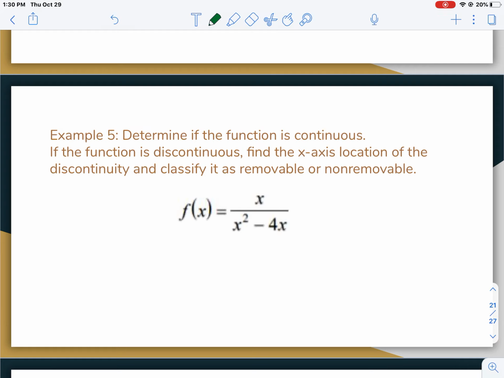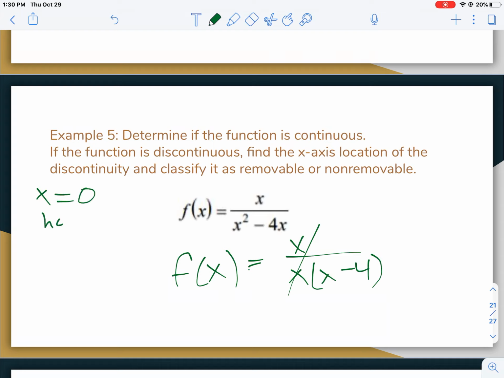But for a function, if we want to find where the function is continuous, what we're going to do is factor, like we've been doing. So we have x over x times x minus 4. Actually, at x equals 0, there's a hole, and that's a removable discontinuity.